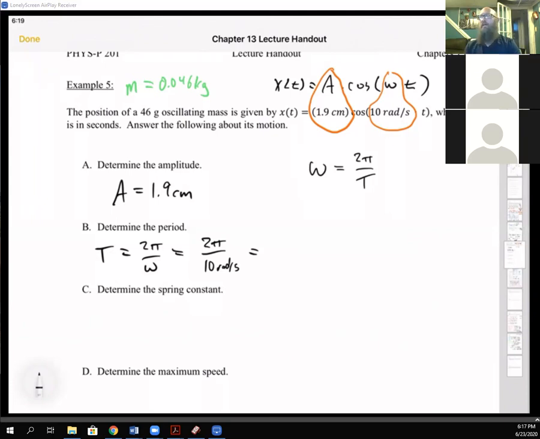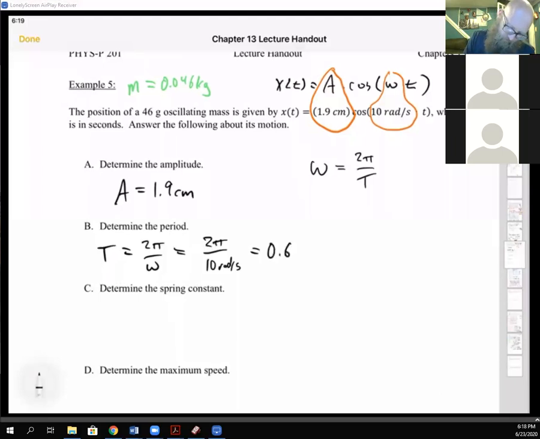I would actually multiply it out, right? I know often in math courses you leave answers in terms of pi. There are only some cases where I would suggest doing that. In physics, by and large, we just multiply it out, right? So 2 pi is like 6.28 divided by 10 is going to be 0.6. Is that right? Yeah, 0.63, we'll round it. And that's in seconds.